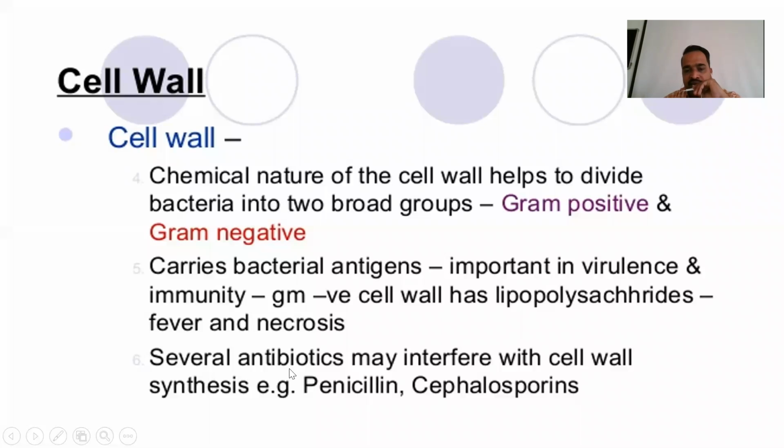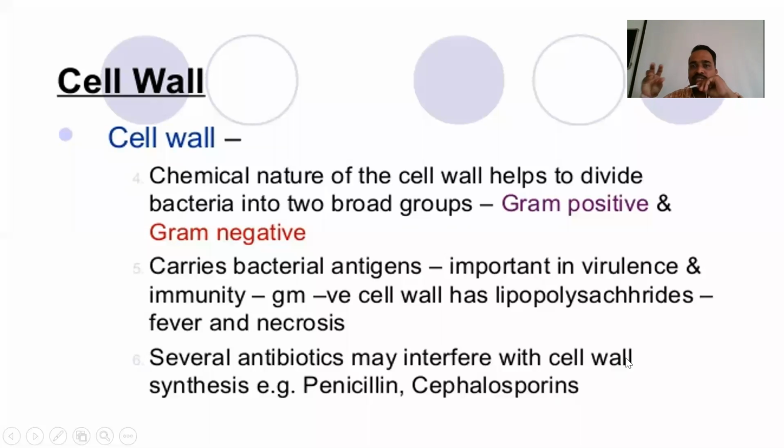Then several antibiotics may interfere with the cell wall synthesis. For example, penicillin, you have all heard about the penicillin injection. It is an antibiotic which is given to treat bacterial infections. Penicillin acts on the cell wall of the bacteria.